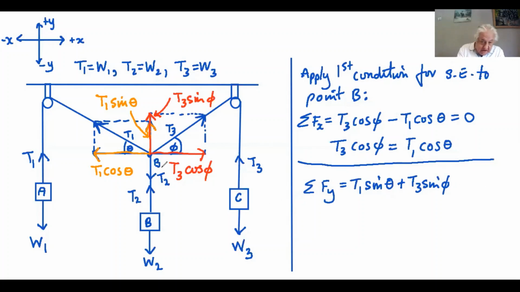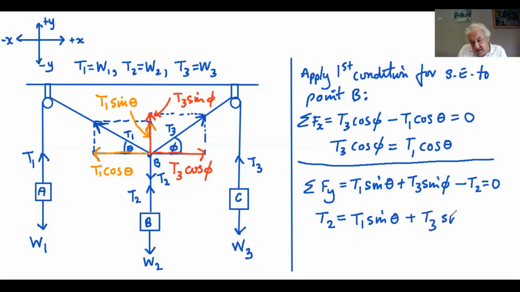So this is in the negative direction here, so this is minus T2 equals 0, and we have, making T2 the subject, T2 equals T1 sine theta plus T3 sine phi. So I'm just going to check that I've got everything right.